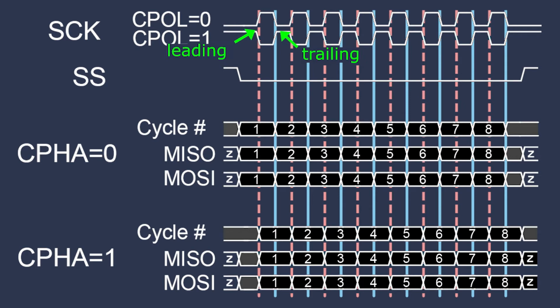We see that depending on when the data is stable and when the data changes, we have to adjust our clock phase. At a clock phase of 0, data is stable on the leading edges and changes on the trailing edges. At a clock phase of 1, data changes on the leading edges and remains stable on the trailing edges.